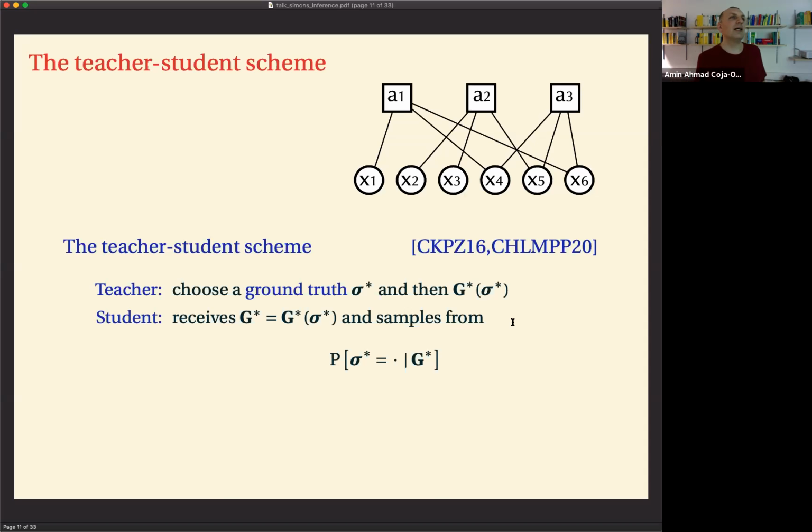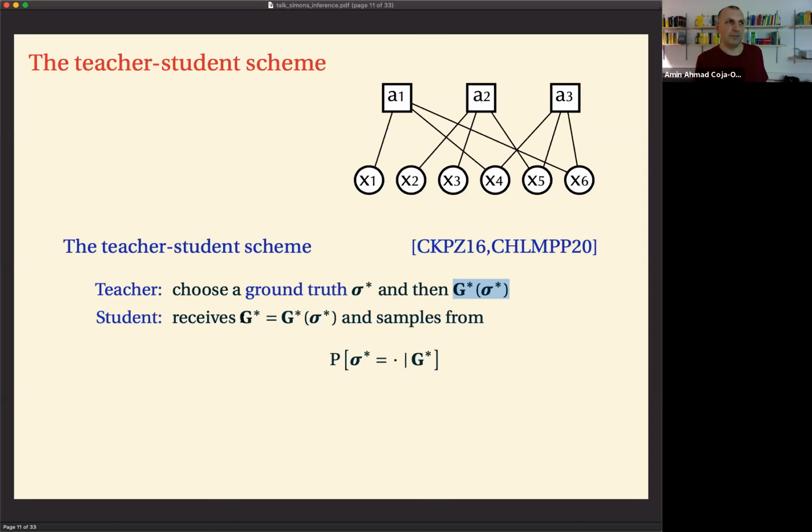Okay, so coming back to the teacher, they just choose this ground truth sigma star and then produce the examples. Then the student is presented a set of examples, and their job is to get back at sigma star from these examples.